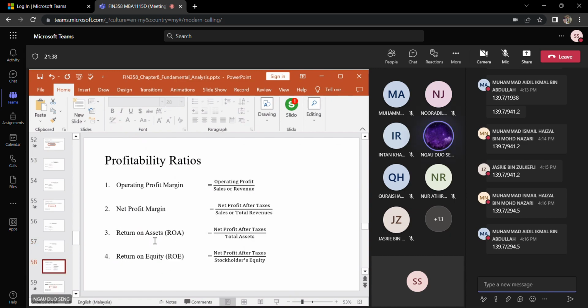All right, so we have done with profitability ratio. So under profitability ratio kita ada 4: operating profit margin, net profit margin, return on asset, return on equity. So for these 4 ratio, all indicate higher ratio is better.